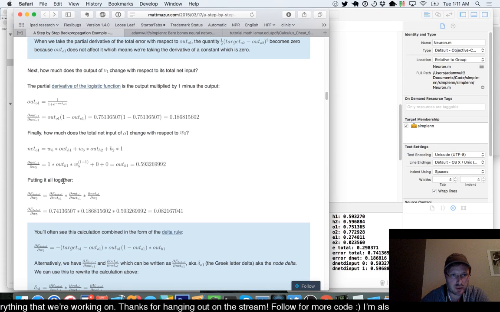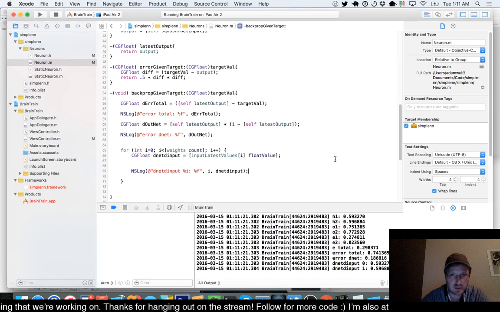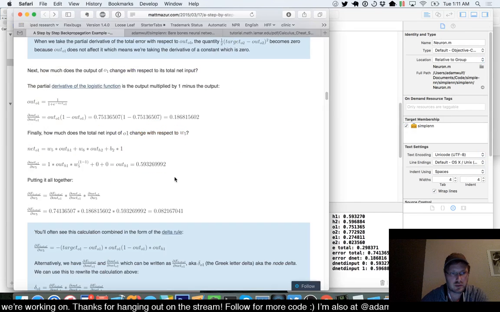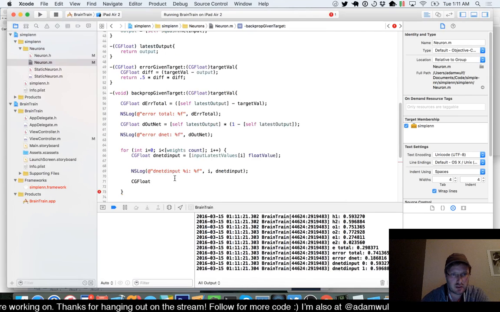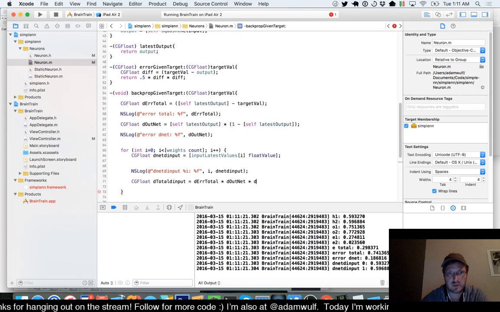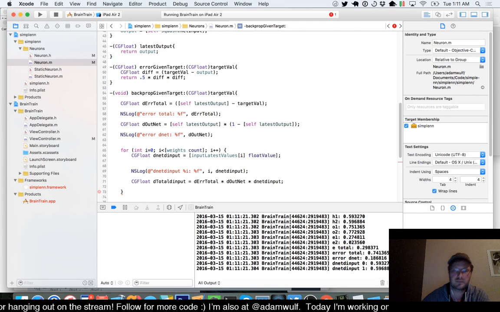So then putting it all together, he just multiplies those 3 numbers, right? And so this is going to be d total to d input equal to d error total times d out net times d net d input, right?